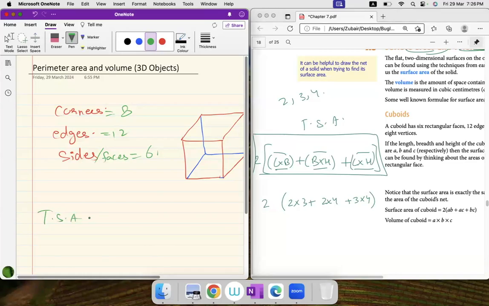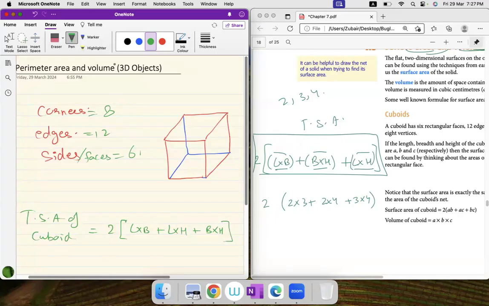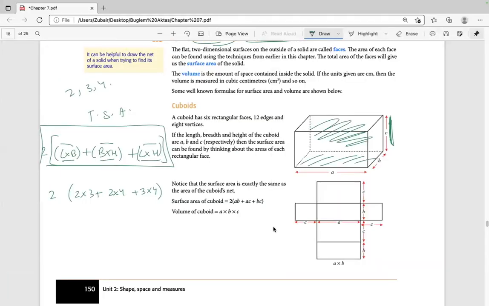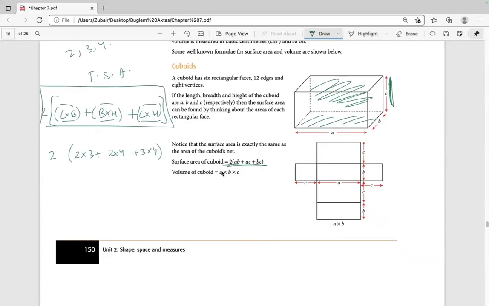Total surface area of a cuboid is 2 into length into breadth plus length into height plus breadth into height. These are 6 sides. And volume is basically length into breadth into height.